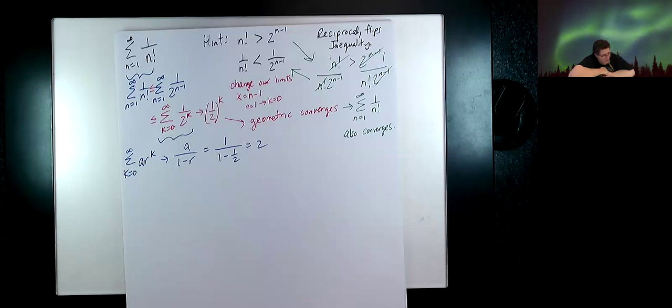It probably doesn't even go to 1. You've got to think how fast n factorial gets large. 5 factorial is 120 on the bottom, so 1 over 120. 6 factorial would be 720, 1 over 720. You're getting small really fast. But it converges.